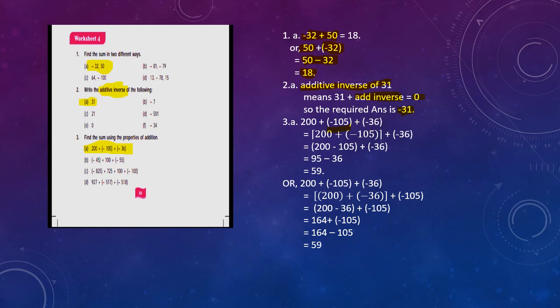equal to 200 plus minus 105. In the first process, I have arranged 200 and 105 together.